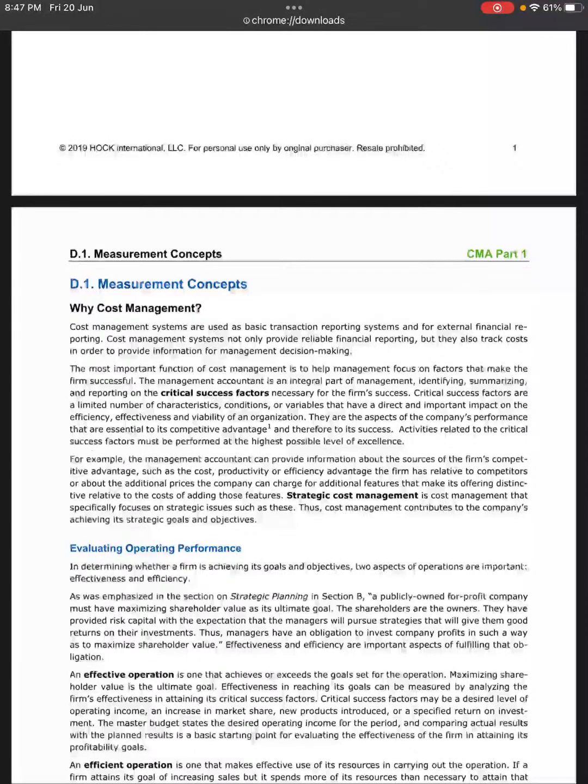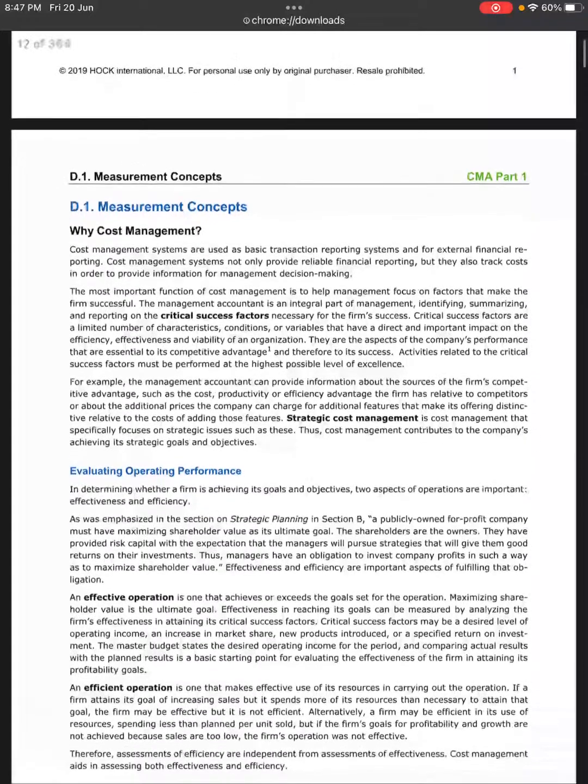It means we use the cost management system to report for external financial reporting as well as a basic transaction reporting system.